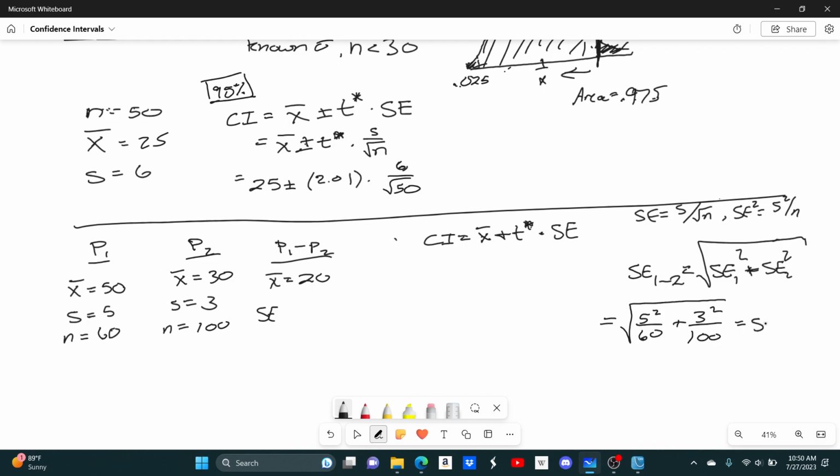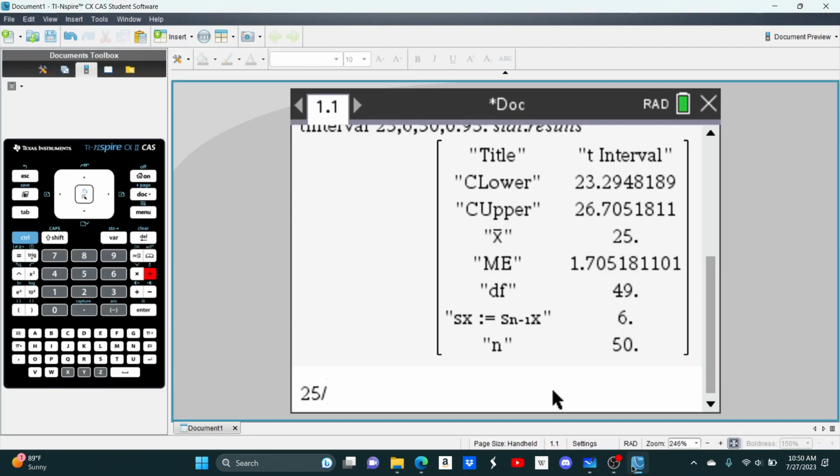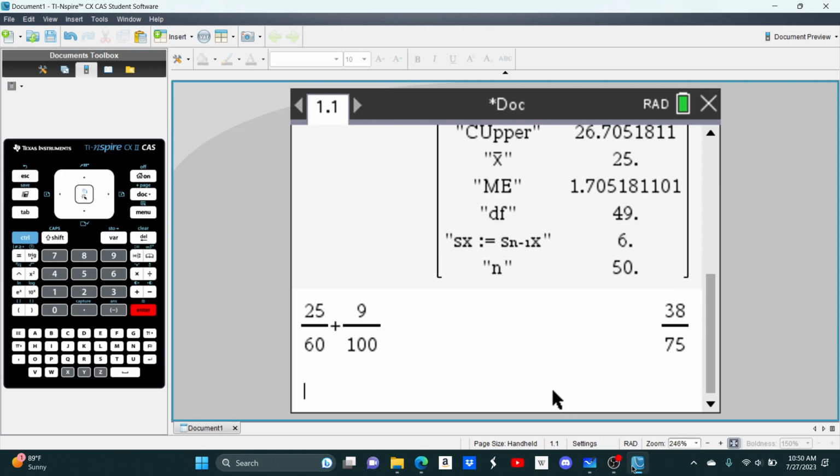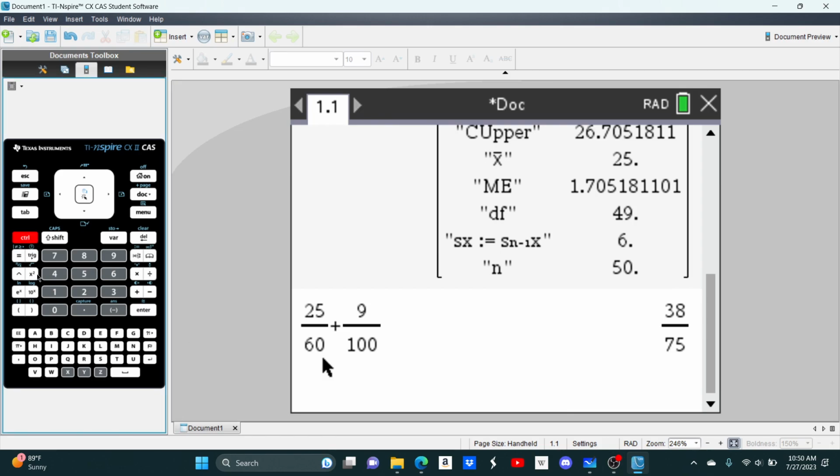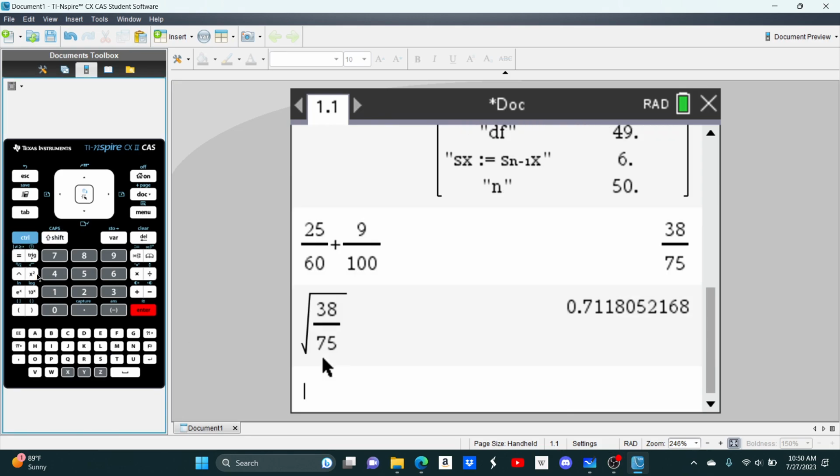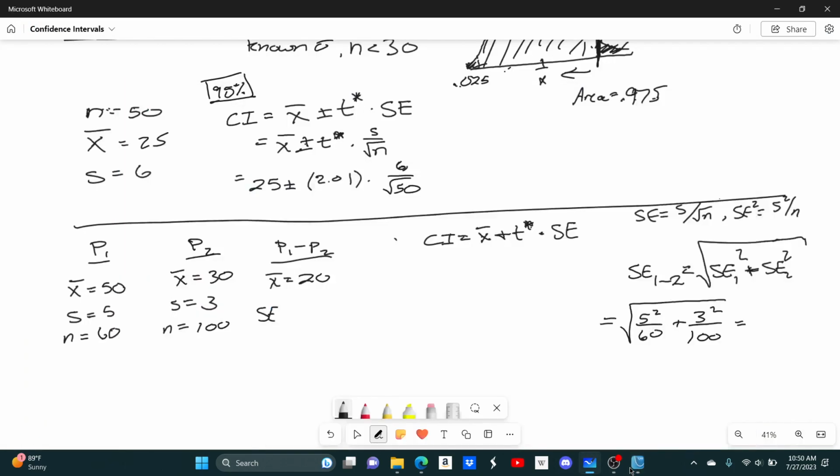Hopefully you're following along with your calculator. Let's see what we get. That's 25 over 60 and 9 over 100, and then we want the square root of that. So you get a standard error of 0.7118. This is the standard error that we're going to use in this right here.